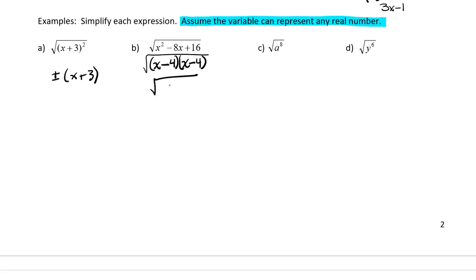So I'm going to simplify that to the square root of x minus 4 quantity squared, which will just give me plus or minus x minus 4 as my simplified expression. This next one is the square root of a to the 8th, which would be plus or minus a to the 4th. And this last one is the square root of y to the 6th. That would simplify to plus or minus y to the 3rd.